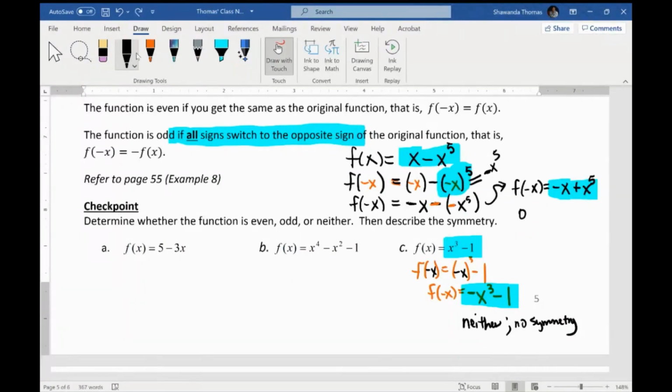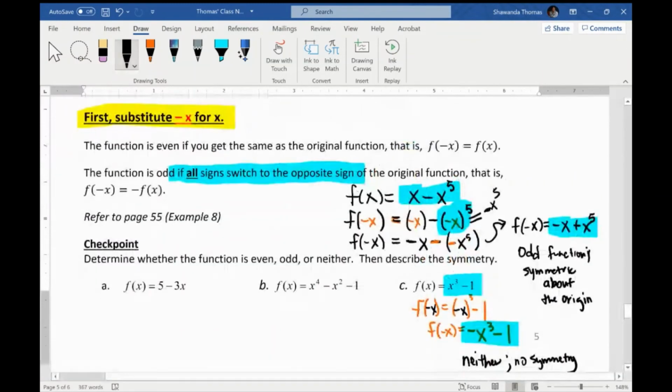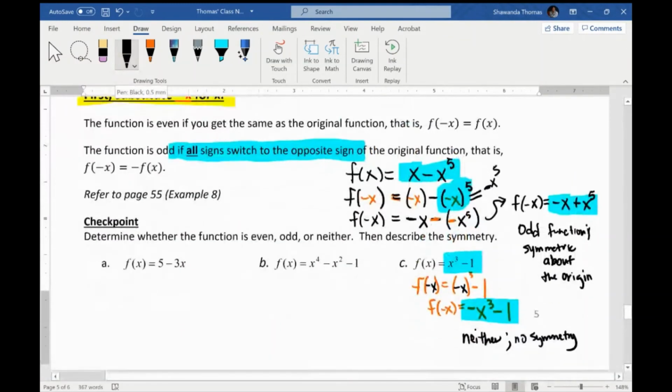It is an odd function and symmetric about the origin. All right, any questions about even or odd functions? Tests for even or odd functions.